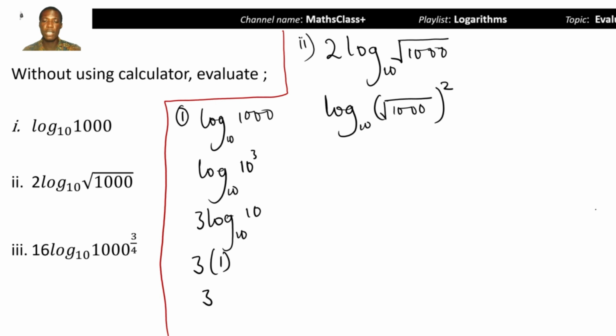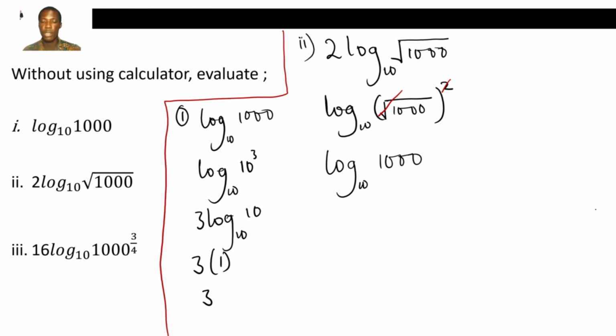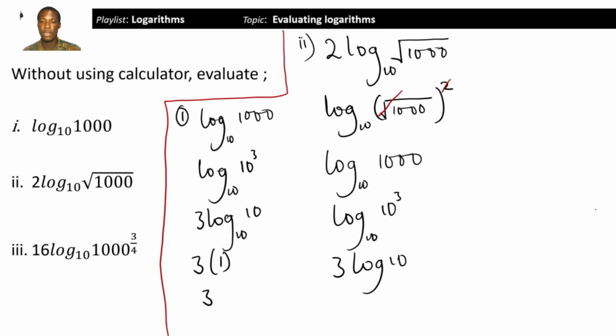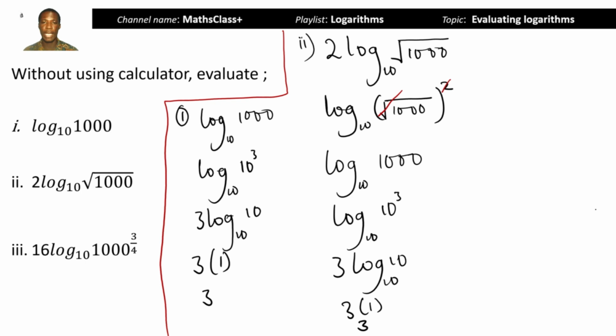Okay, so as we can see we can cancel out the square root with the square, and that will give us log to the base 10 of 1000. And as we saw in the first example, the 3 drops to give us 3 times 1, which is equal to 3. So this is what we have for our second example.